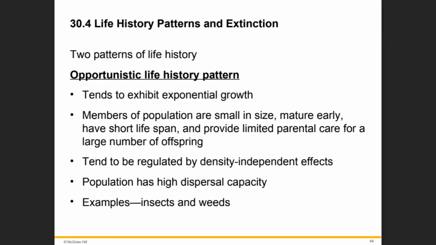The members of the populations are small in size, mature early, have a short lifespan, and provide limited parental care for a large number of offspring. They tend to be regulated by density-independent effects, and the population has high dispersal capacity. Examples: insects and weeds.